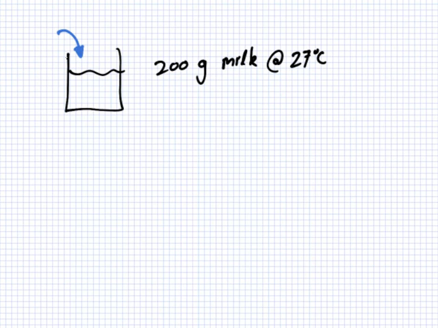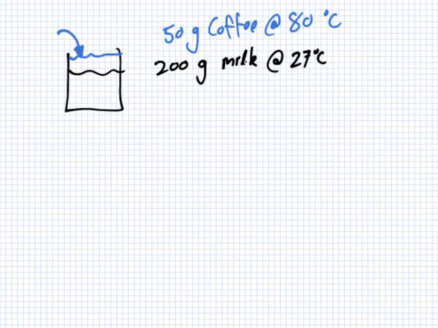And then I'll just draw it on the top. You have 50 grams of coffee at 80 Celsius. And then you mix the two together, and of course the temperature will be less than 80, but more than 27. And my question is, what is this temperature?